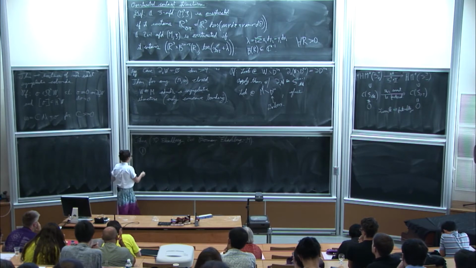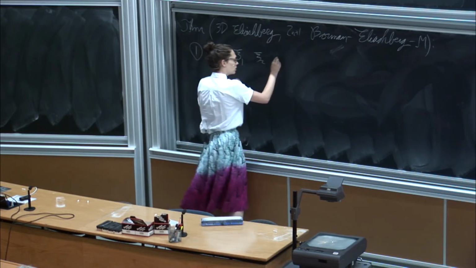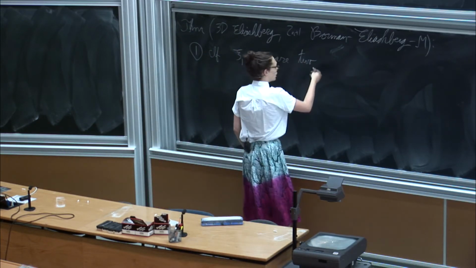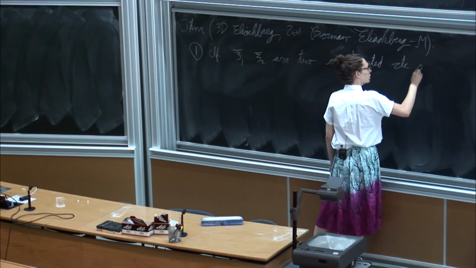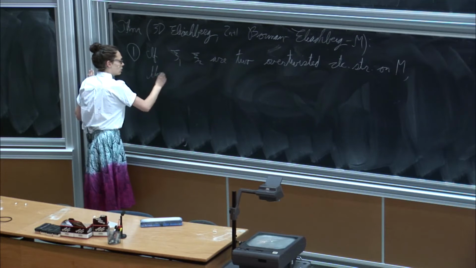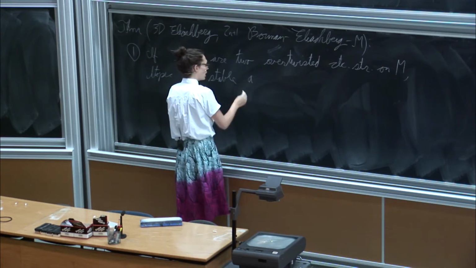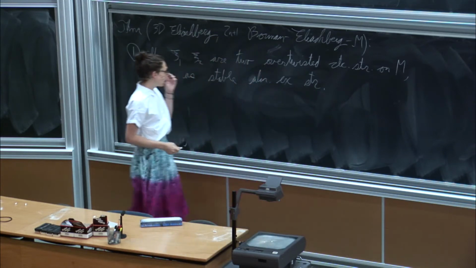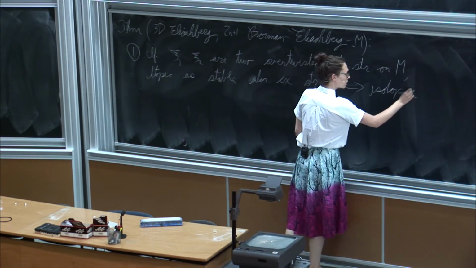First of all, I want that if I have two overtwisted contact structures on a manifold M, and let's say that they're homotopic as stable almost complex structures, then in fact they're isotopic.